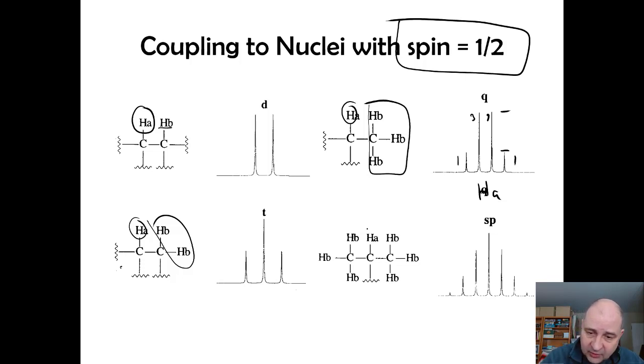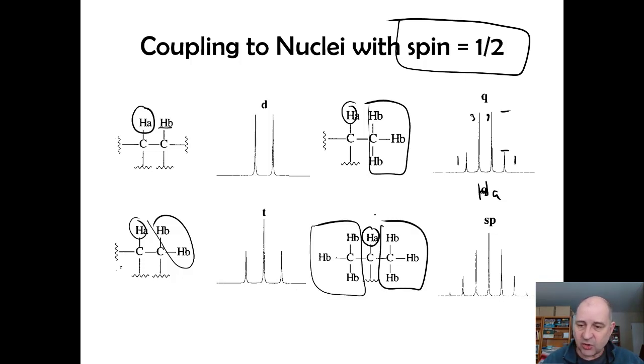All right? And so here we have 6 other nuclei, so N plus 1 would be 7, so you get a little septet. And sometimes it's hard to see depending on how good your resolution is, how strong your magnetic field is. Sometimes you just call it a multiplet.